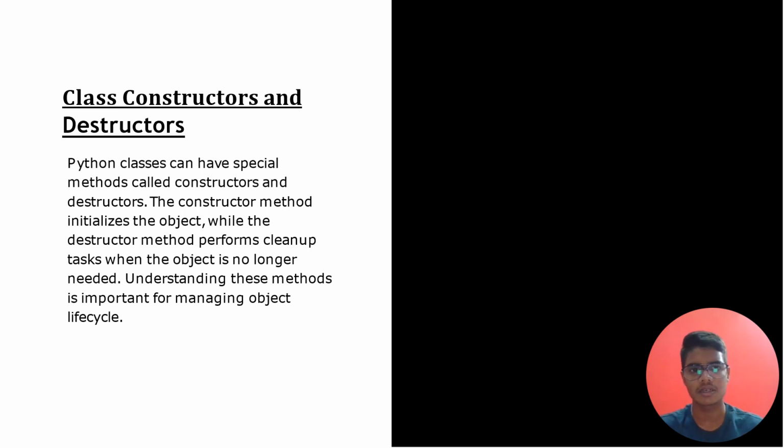Python classes can have special methods called constructors and destructors. The constructor method initializes the object while the destructor method performs cleanup tasks when the object is no longer needed. Understanding these methods is important for managing the object lifecycle.